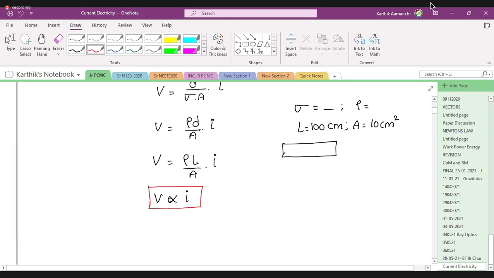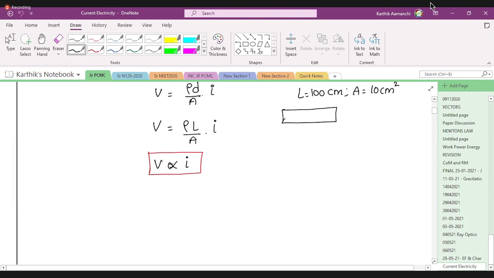Now this term rho L by A is called resistance.